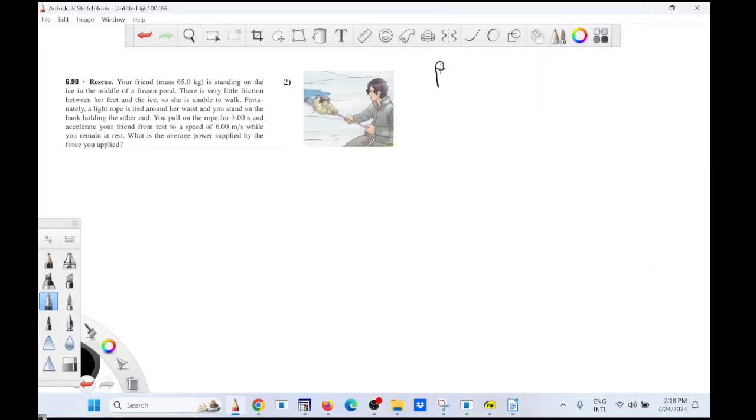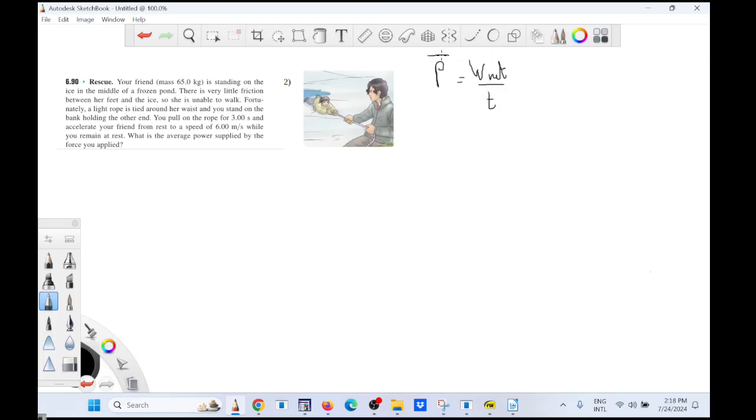Okay, so this one is to review power. So power is the rate at which energy is consumed or delivered. So energy consumed or delivered, meaning energy in transfer. Energy in transfer will be the net work over the time elapsed.